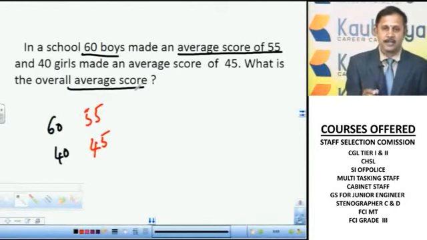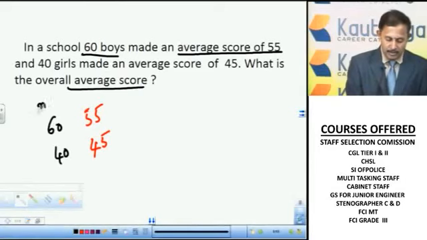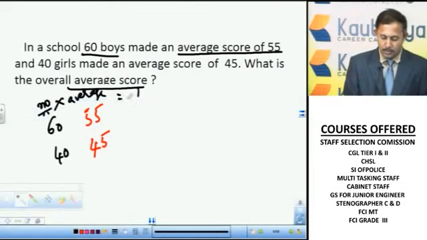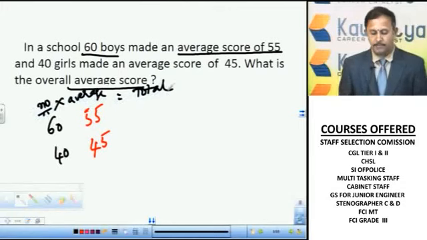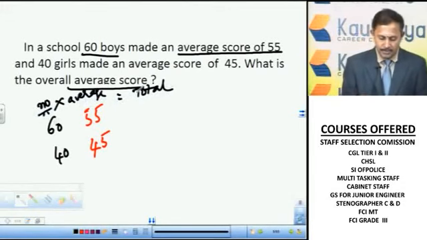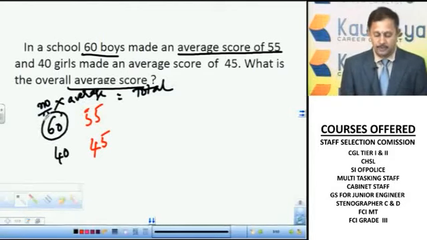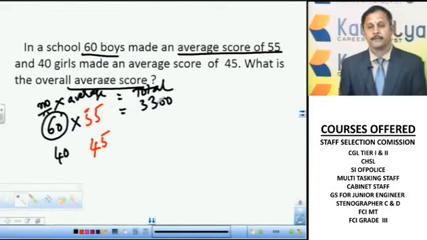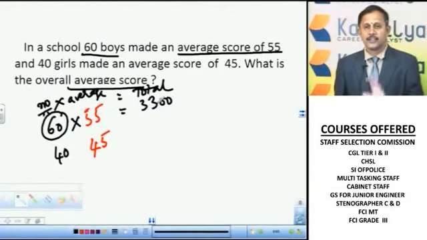Friends, let us recollect the formula. Number of elements into average gives the total. Here 60 is the number of boys, they made an average score of 55. So 60 into 55 is 3300, that is the total mark obtained by boys.